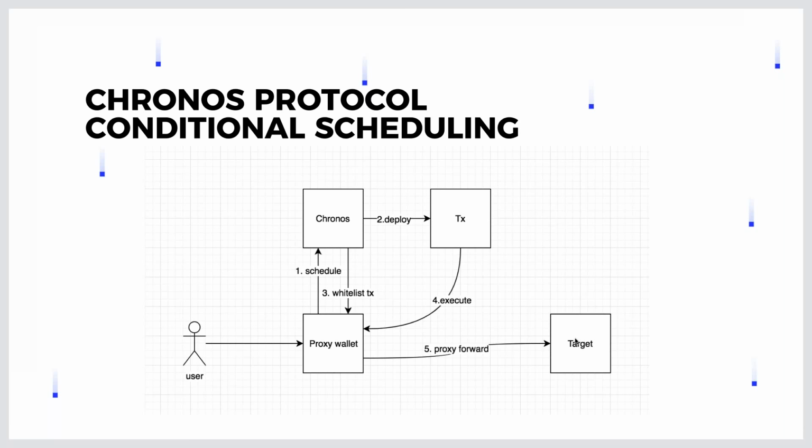And here we get into a problem because of the way Ethereum works: if you schedule something, the address that is going to be seen by the target, let's say the MakerDAO CDP, is going to be the address of the scheduled transaction, which might then be refused access, right?